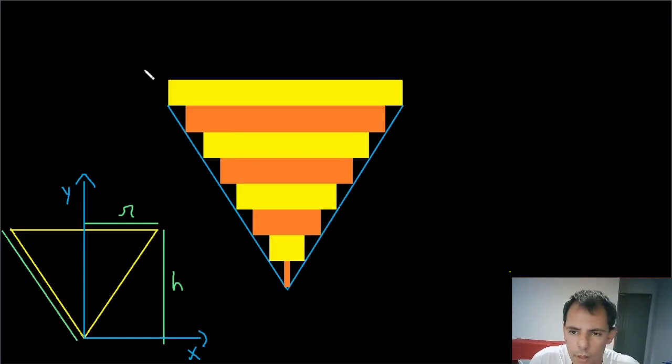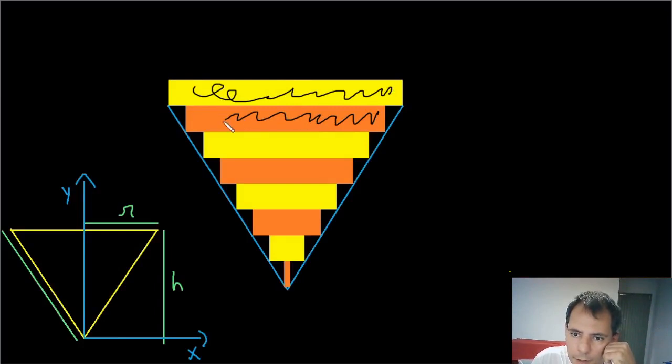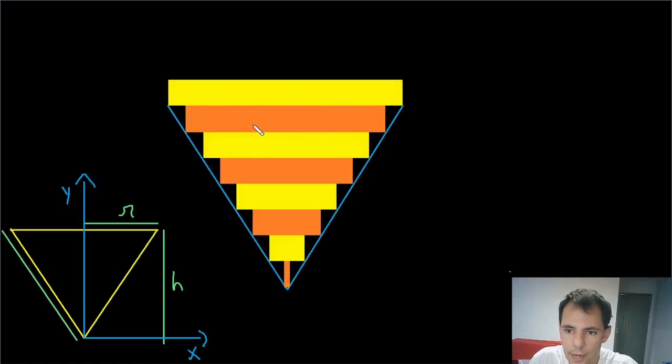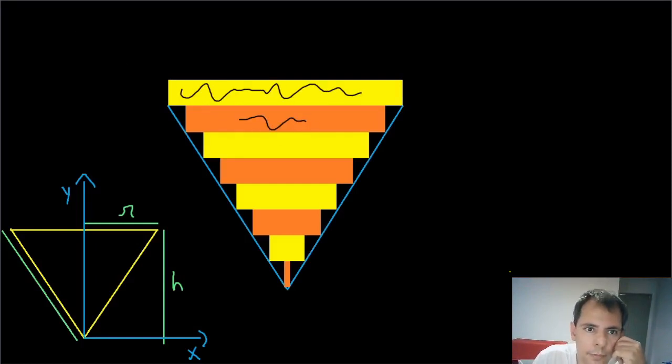So when you're adding this stuff, you're going to add this entire area, and then you're going to sum it with this entire area in here, and then with this entire area in here. Now, every time you're doing that, let me just grab another color. I think this one here is going to be good. So you're adding these things here, this one plus this one.